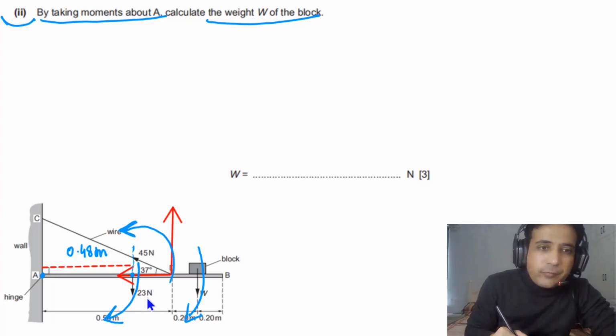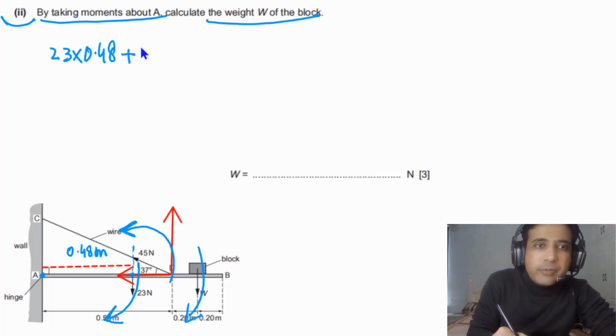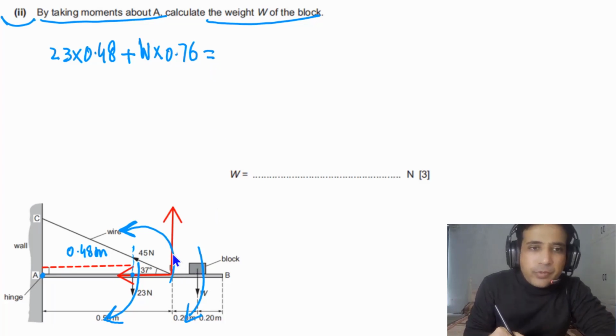First of all, we can write down for the weight of the beam, this is clockwise, so 23 times 0.48, plus we have this clockwise moment, that is W times 0.56 plus 0.20, it means this is 0.76, and this one has to be equal to the moment due to the vertical component.